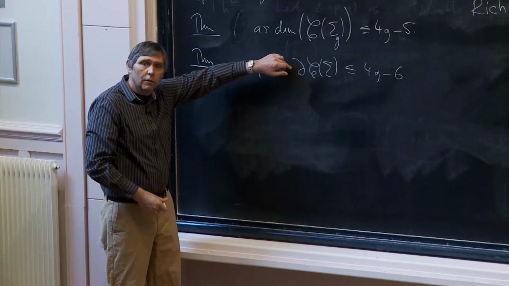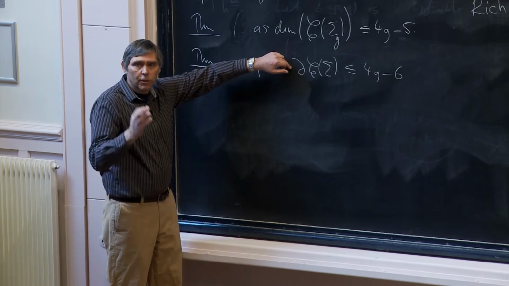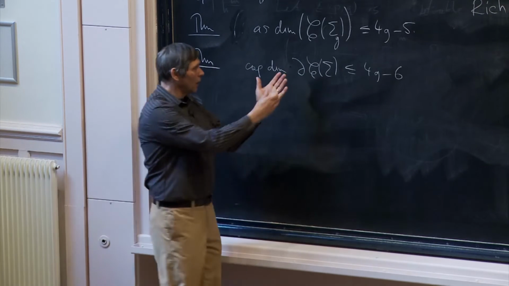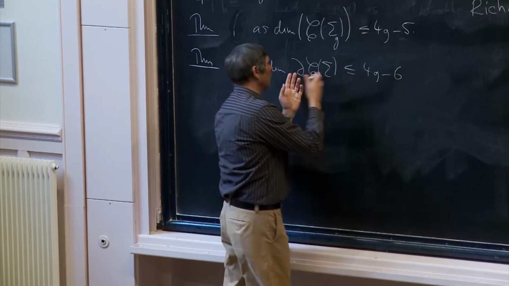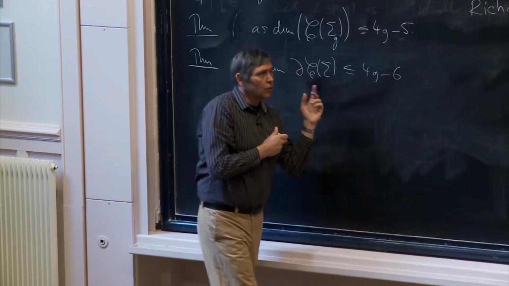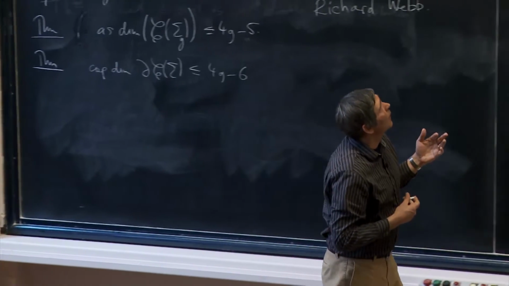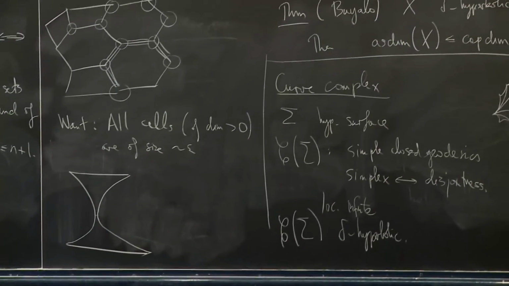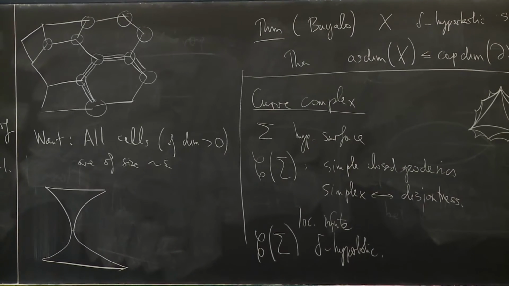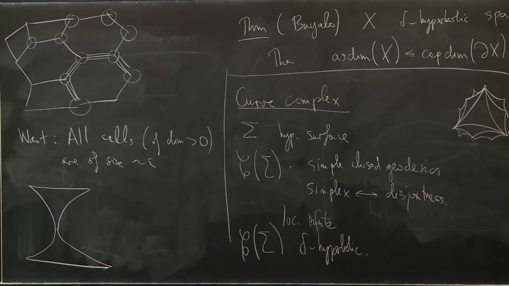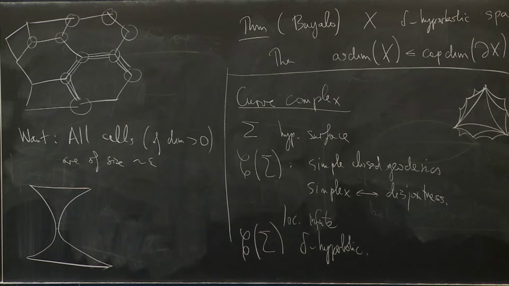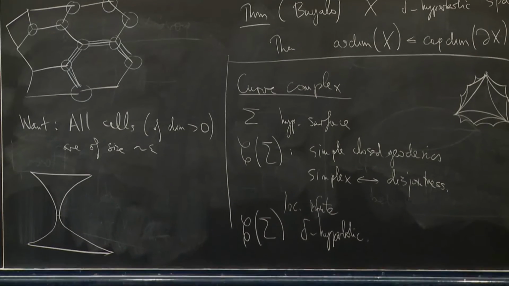He was building on the work of Hensel and Przytycki. He gave this bound for the topological dimension, so it's implicit in his work that he's going to construct cell structures like this. What we have to worry about is showing that these bad pictures don't occur, so we have to worry about the shape of the cells.